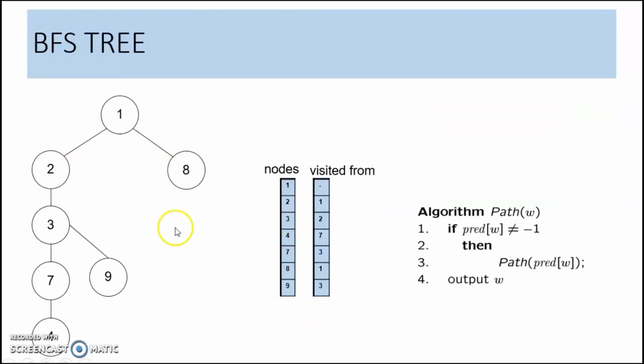This is the backward path that we get from each node and where it was visited from. 1 is the head, and then 2 from 1, 3 from 2, 4 from 7, 7 from 3, 8 from 1, and 9 from 3.